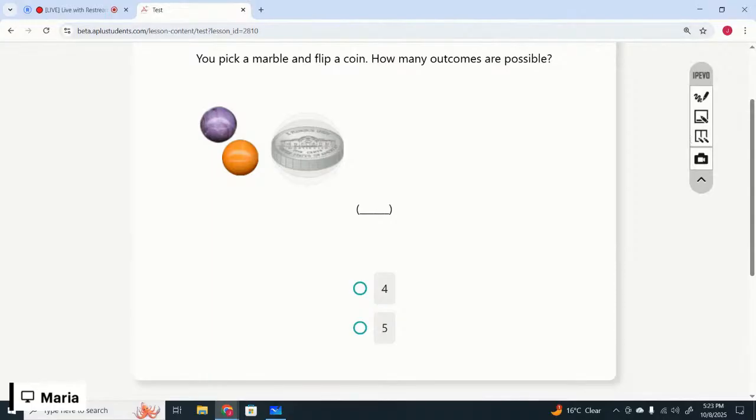You pick a marble and flip a coin. How many outcomes are possible? That is 2 times 2 is 4. Option number 1 is the correct option.